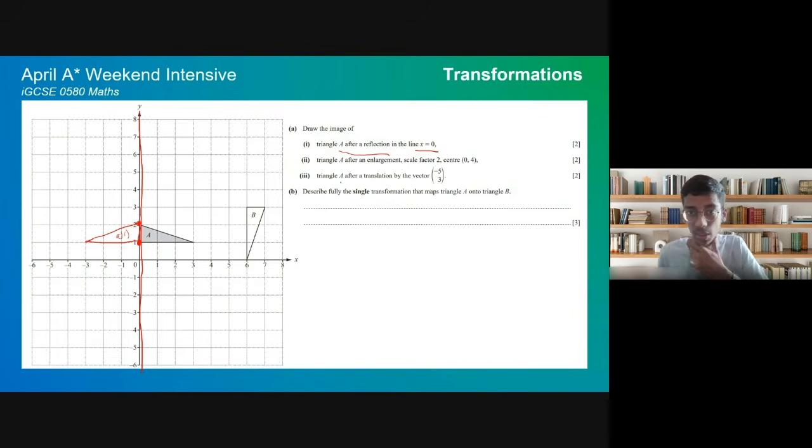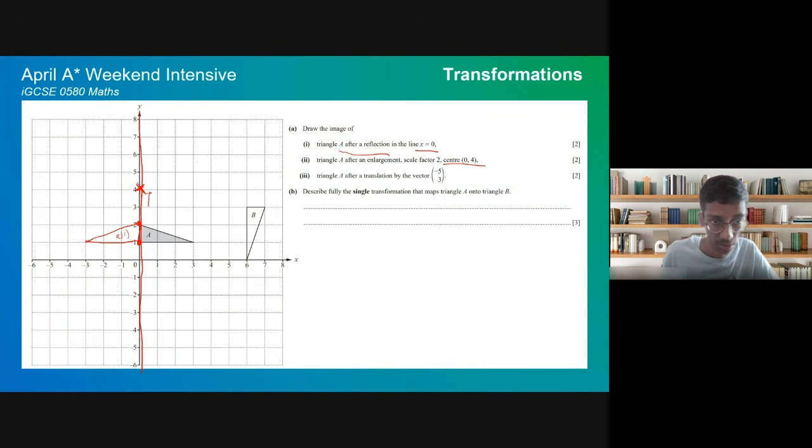And then for the second part, triangle A after enlargement, scale factor 2, center (0, 4). So again, we identify the coordinate for the center, so (0, 4). So that's this here. On the y-axis, x is 0, y is 4. And we want to enlarge this with scale factor 2. So the way we do this is that we take a line from the center of enlargement and we extend it to the point.